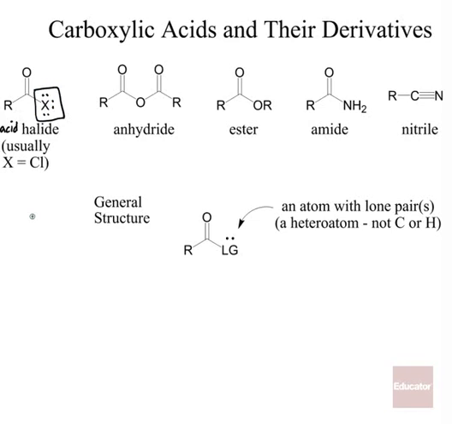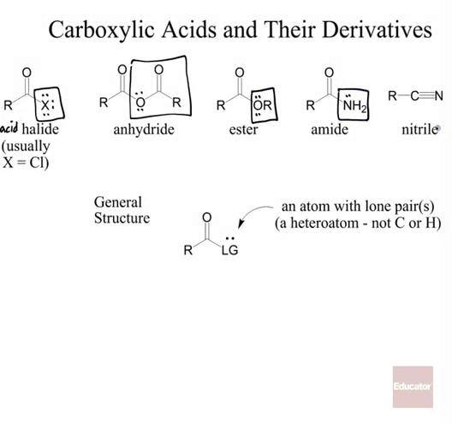The leaving group on an anhydride is this oxygen with the carbonyl. So for an anhydride, one of the carbonyls we consider as the electrophilic carbonyl. The rest of the group, the other carbonyl, is part of the leaving group attached to that. The ester has an OR group attached as a leaving group. The amide has a nitrogen group attached as a leaving group.